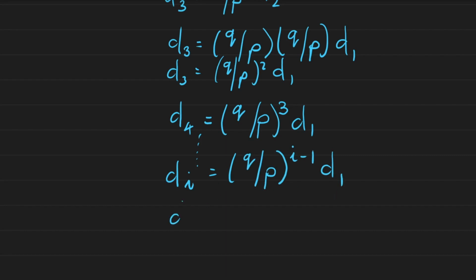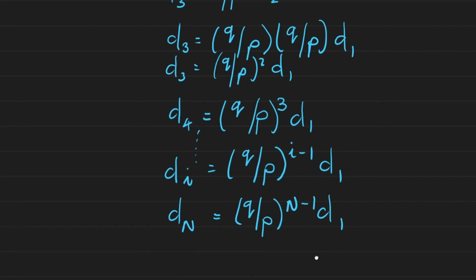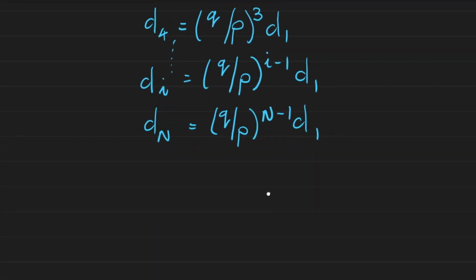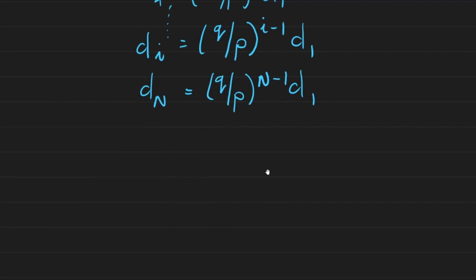We can also write it for the nth term, where n is our goal, or the gambler's goal. So that's equal to Q over P to the n minus 1 times D1. What we're going to do now is write an expression for Hi in terms of all of these differences that we have just written.